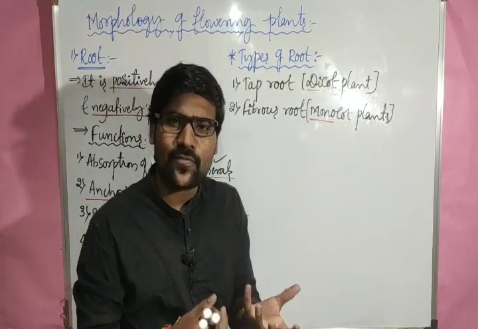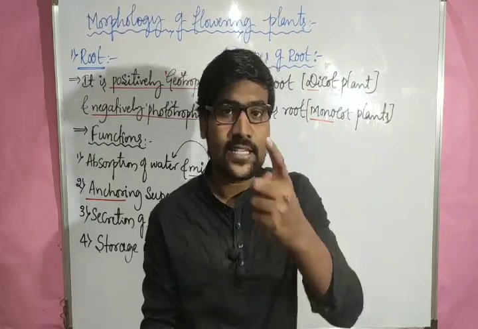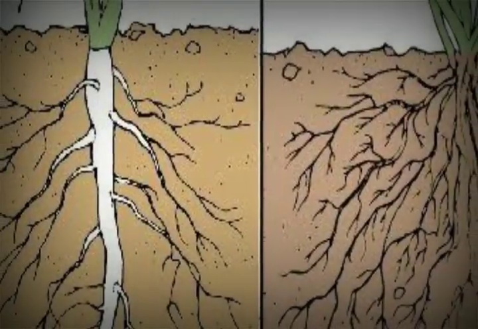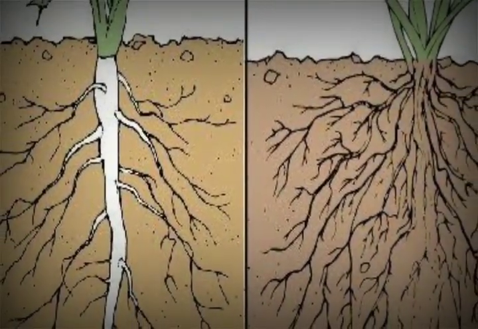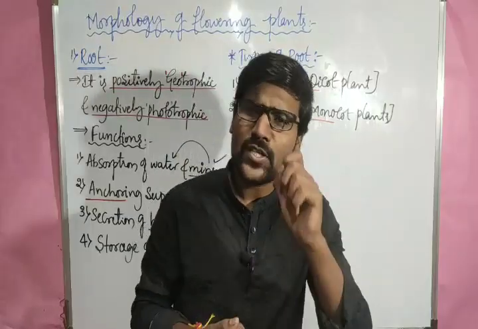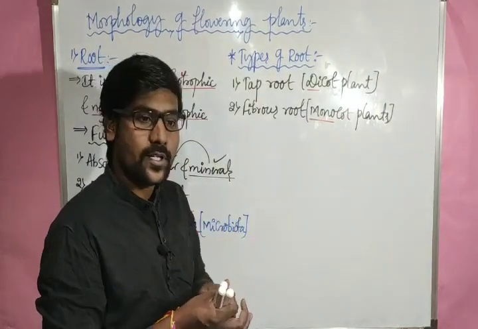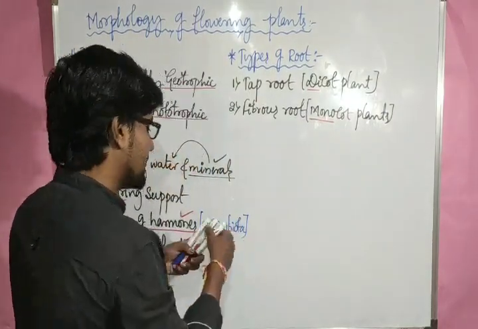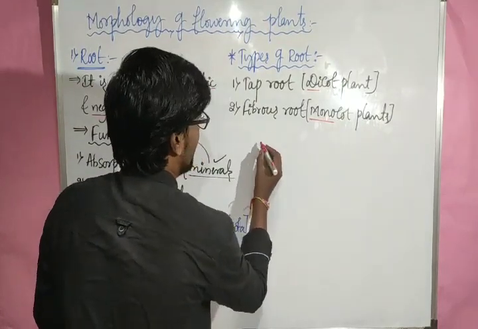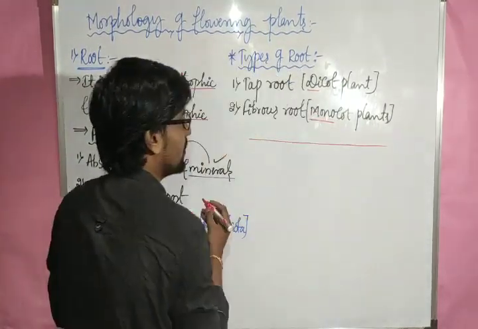Then how actually that taproot and fibrous roots are looking like? See the diagram once. Yes. So in the diagram you observed taproot, it is present in this form. Let me consider this is the ground, right?